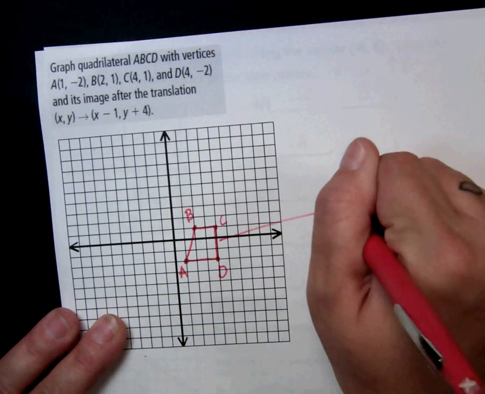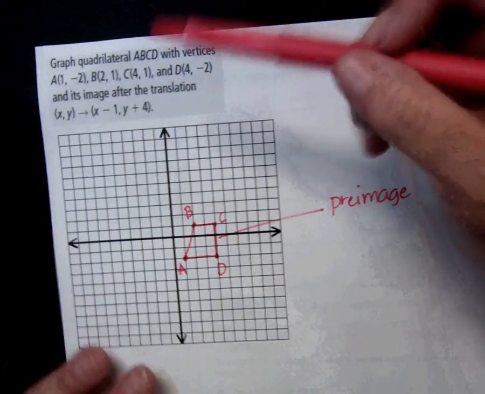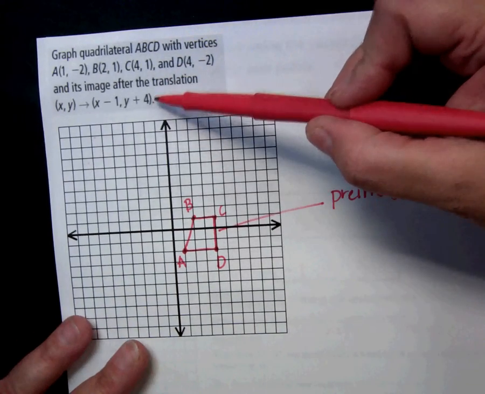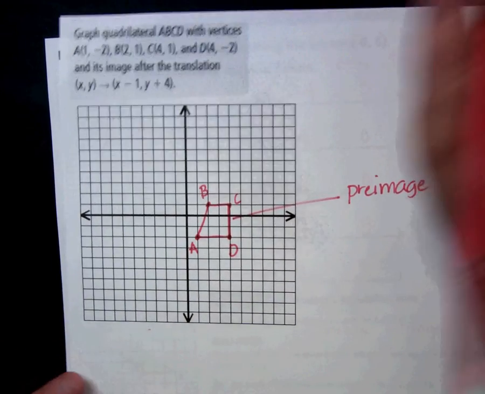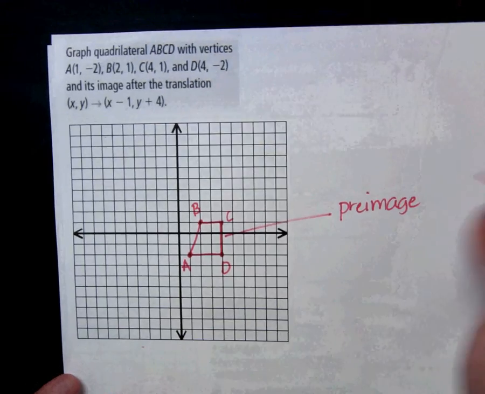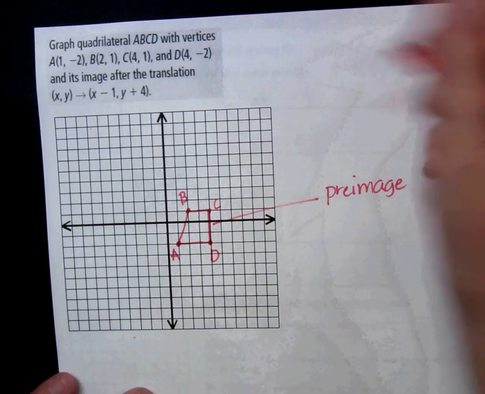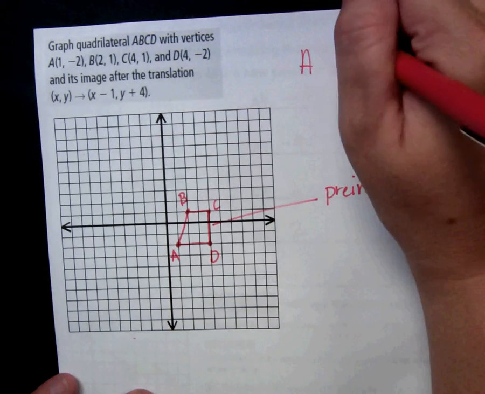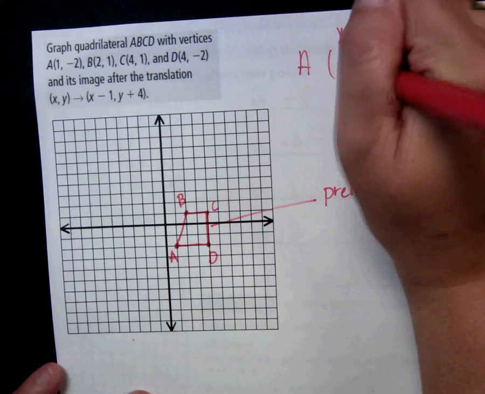It is our pre-image. And it tells us this is where we want to translate it. We want the x to be -1 and our y to be +4. We already have our coordinates up there. So for our A, and think of them as just like your x and y, is 1, -2.